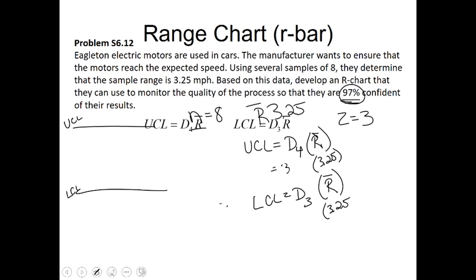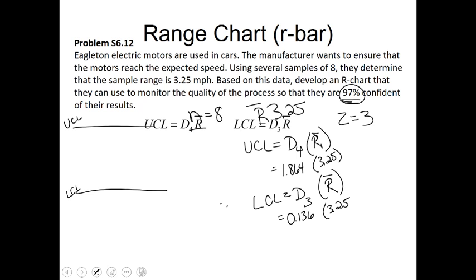Sorry, a little technology problem here. The D4 value from the table was 1.864. The D3 value from the table was 0.136.